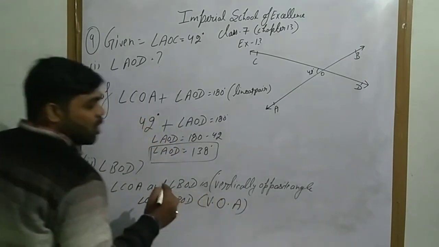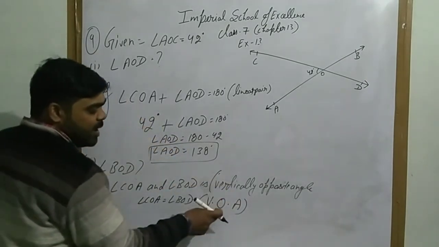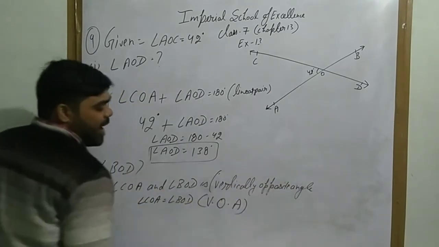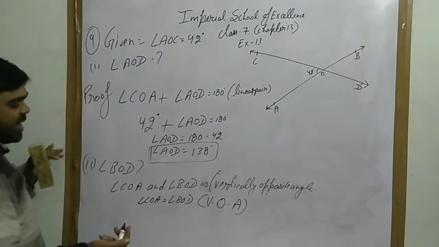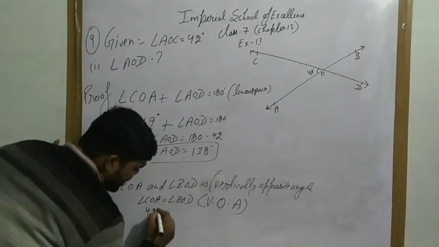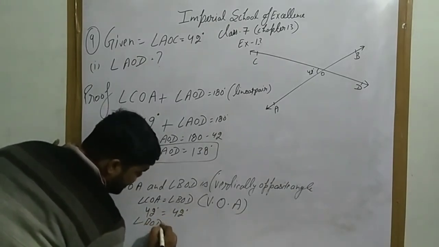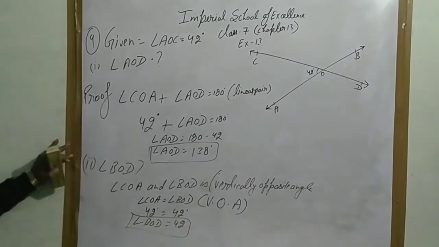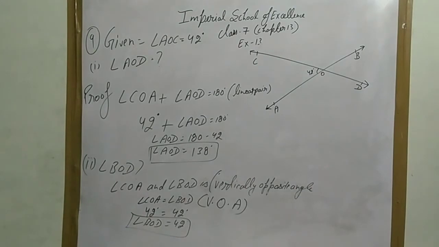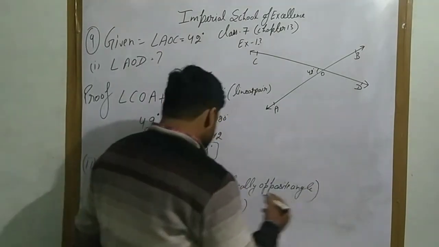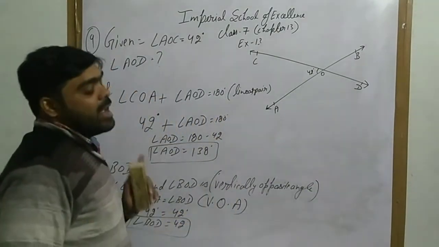I am writing the short form here: V for vertically, O for opposite and A for angle. VOA, vertically opposite angles. So 42 degrees equals 42 degrees, angle BOD equals 42 degrees, because angle COA and angle BOD are vertically opposite angles, so both of them will be equal.